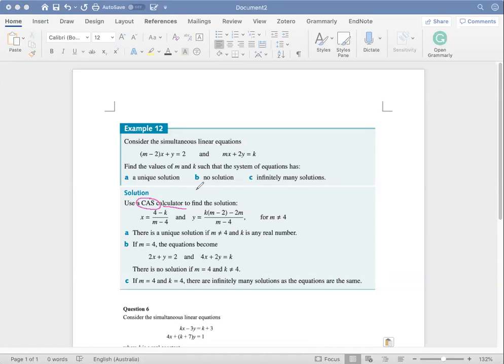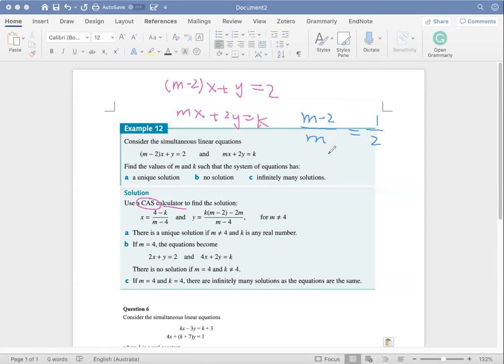Use the method that I introduced to you last video, which we call the ratio method. So it's (m minus 2) times x plus y equals 2, and mx plus 2y equals k. According to the last video, we just want (m minus 2) over m to equal 1 over 2, so a1 over a2 equals b1 over b2.